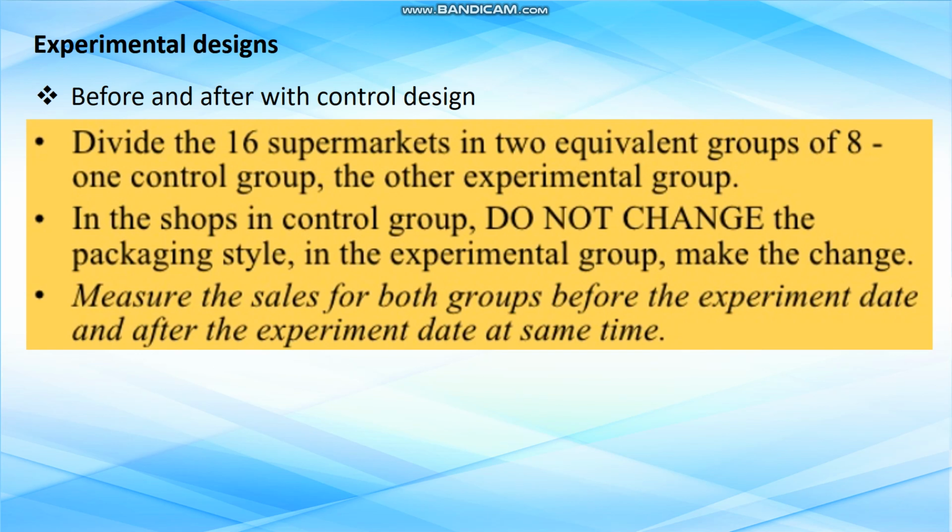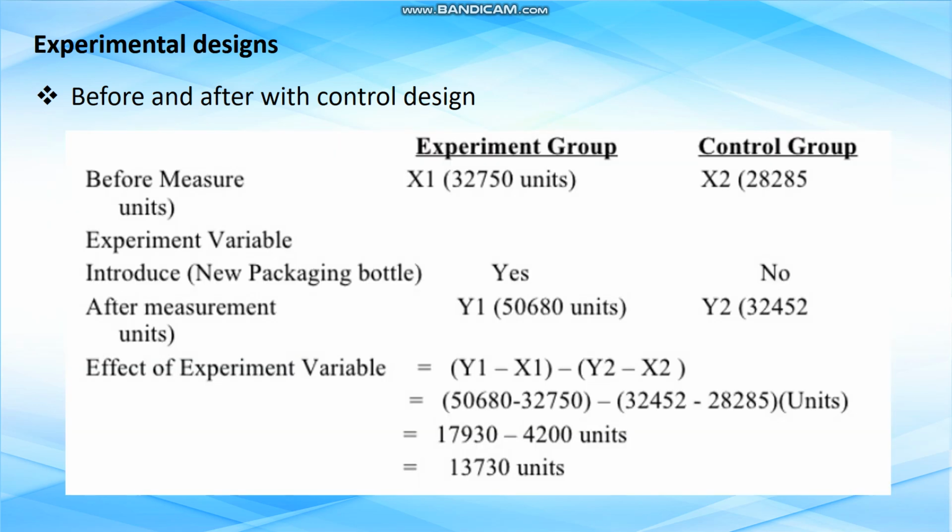In the shops in the control group, we do not change the packaging style, and in the experimental group, we make the change. And we measure the sales for both groups before the experiment date and after the experiment date at the same time. So let's have a look.